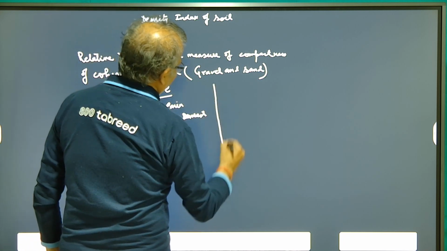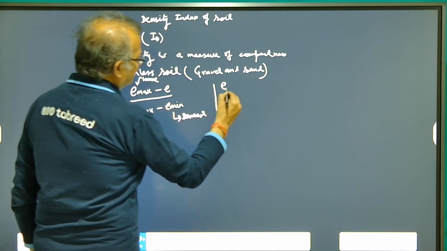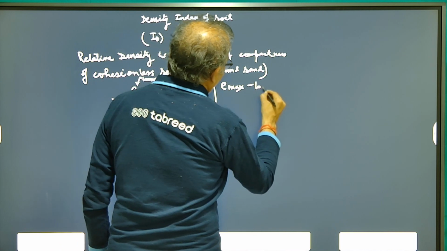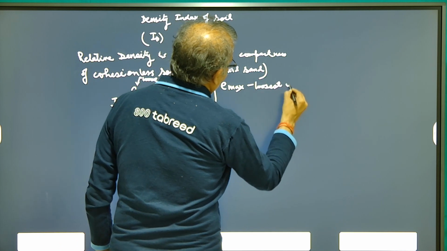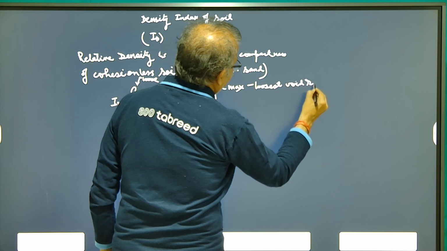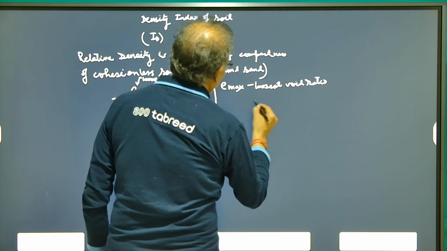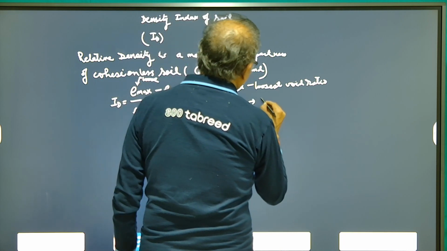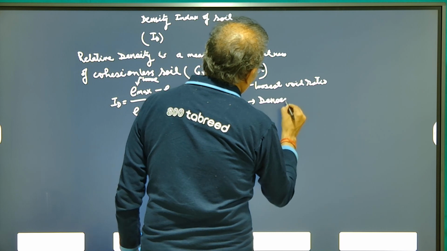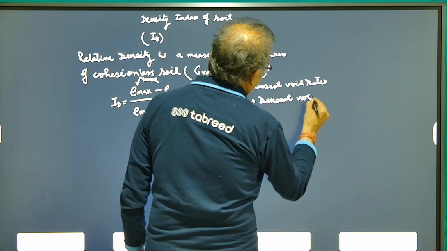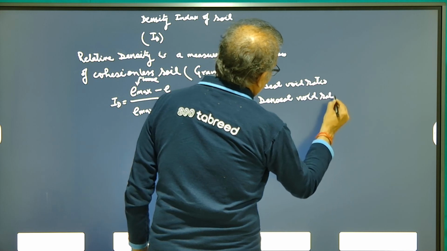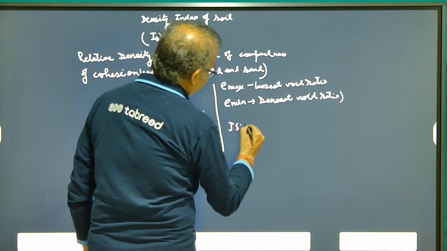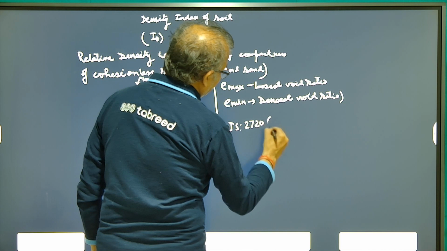To determine Emax, the loosest void ratio, and Emin, the densest void ratio, the experiment procedure is given in IS 2720 part 14.